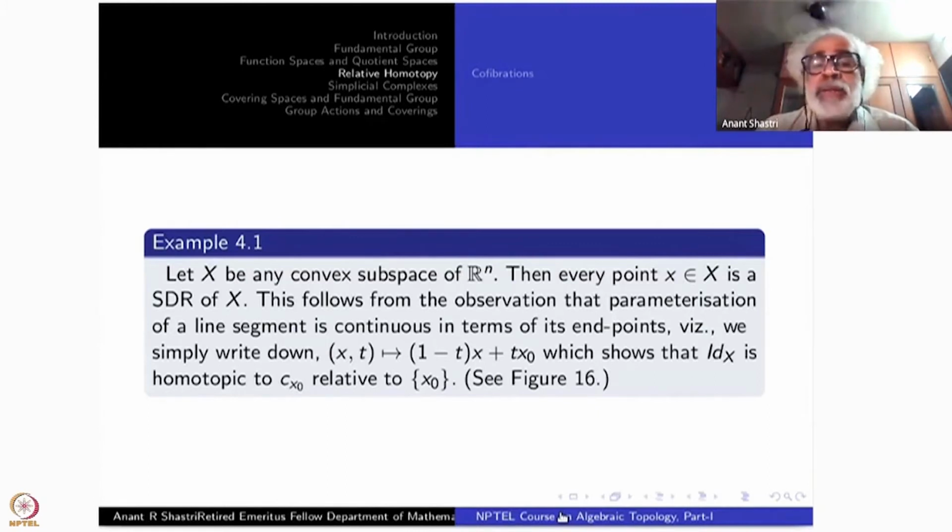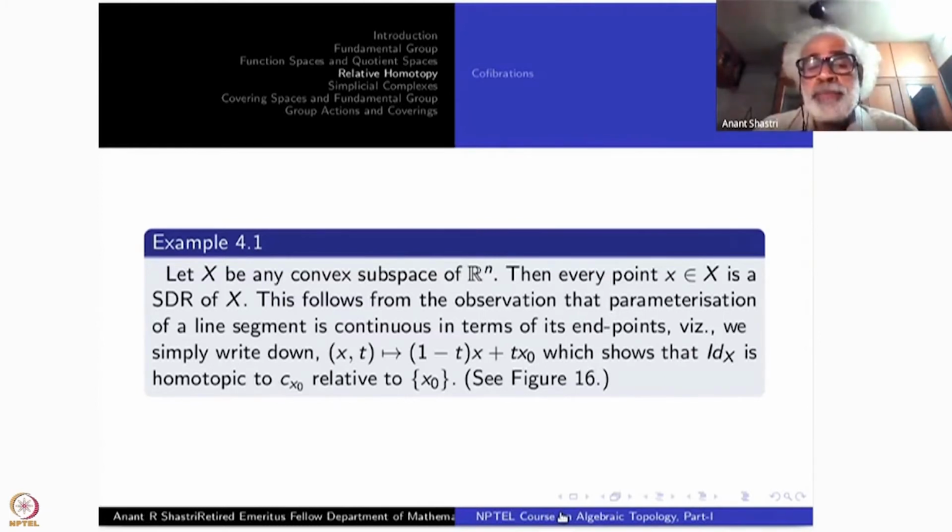Therefore, what we have got is the constant map C x naught, all of X going into x naught. That is a retraction, obviously, and it is homotopic to identity. Therefore, x naught is a strong deformation retract.